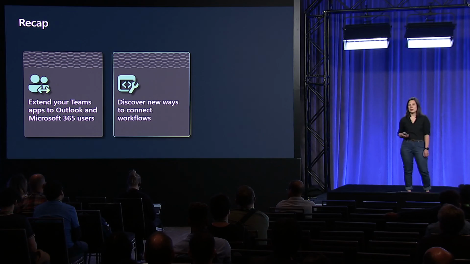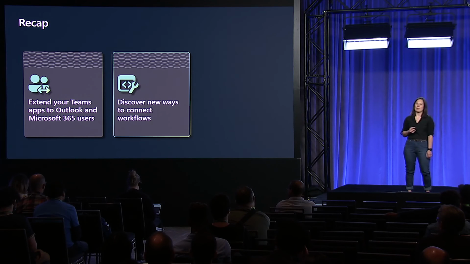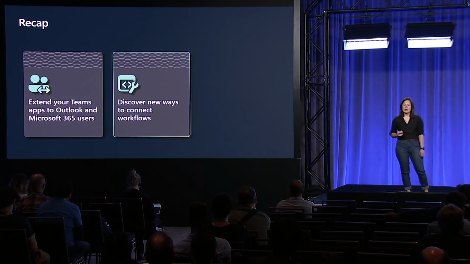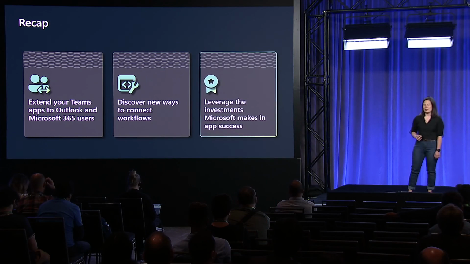Building a graph connector brings your content into the Microsoft Graph, which powers another way to extend the Microsoft 365 Copilot. Mine also highlighted how we've made it easier to package your app as a single unit across both Teams apps and Outlook add-ins. This enables greater ease of deployment and management, which brings us to our third key takeaway.